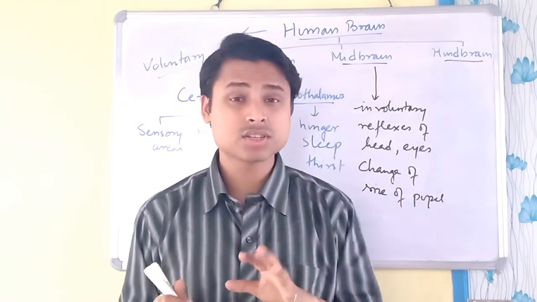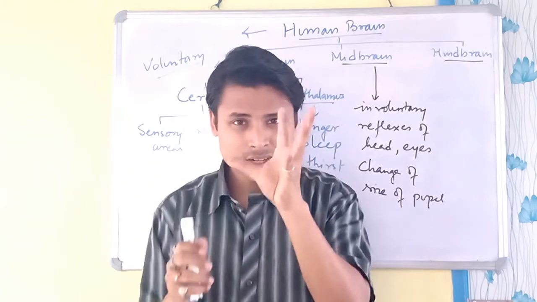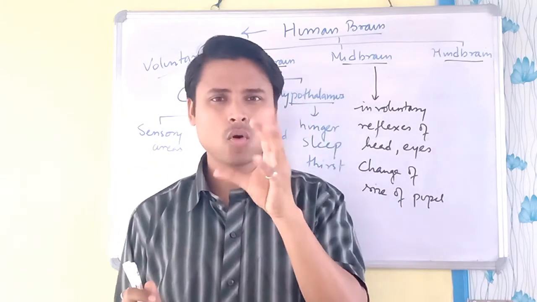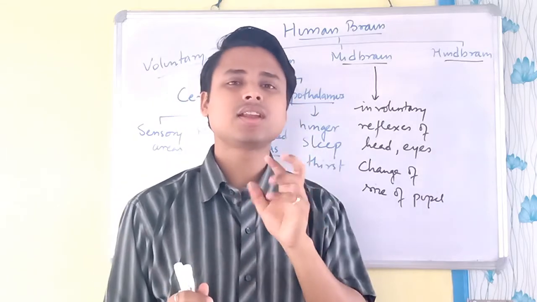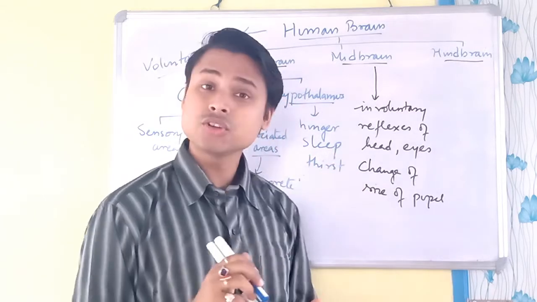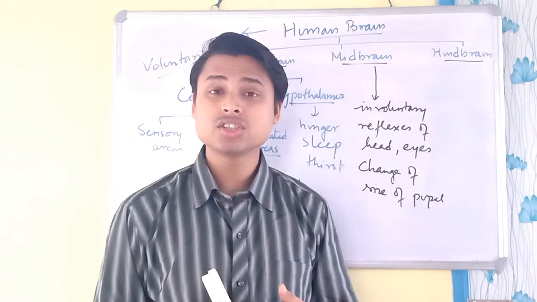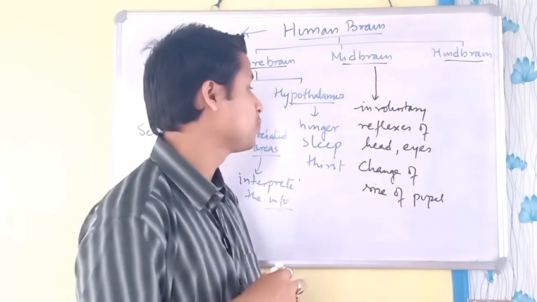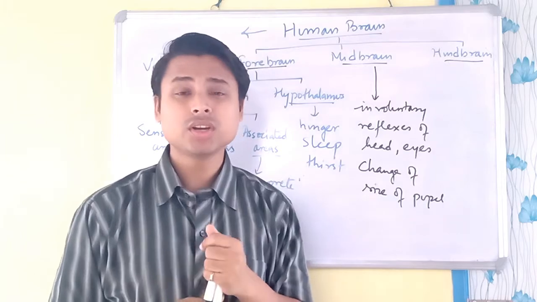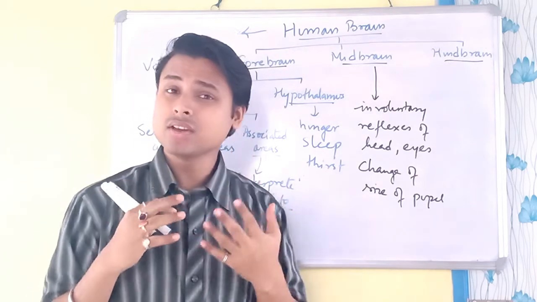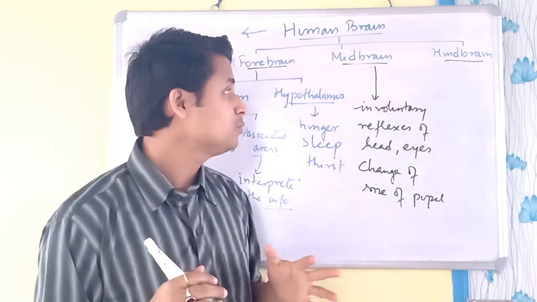After some time it gets adjusted. So the pupil becomes small or larger so that it allows the entry of light, right? This is also not in our control, the change of pupil size. So these are some involuntary reflexes which we do without having control over them, right?